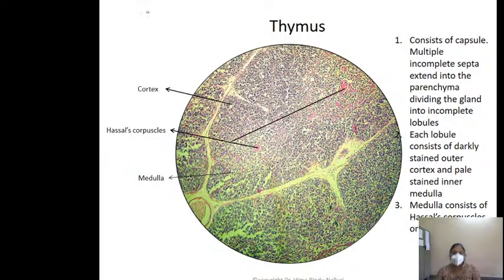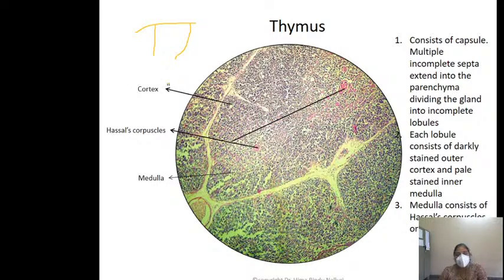Then the thymus is covered by a capsule, and from the capsule you see a number of septa extending into the parenchyma of the thymus, and these are incomplete septa. That means this is the capsule, and you see a number of septa extending in, but these will not extend into the medulla.